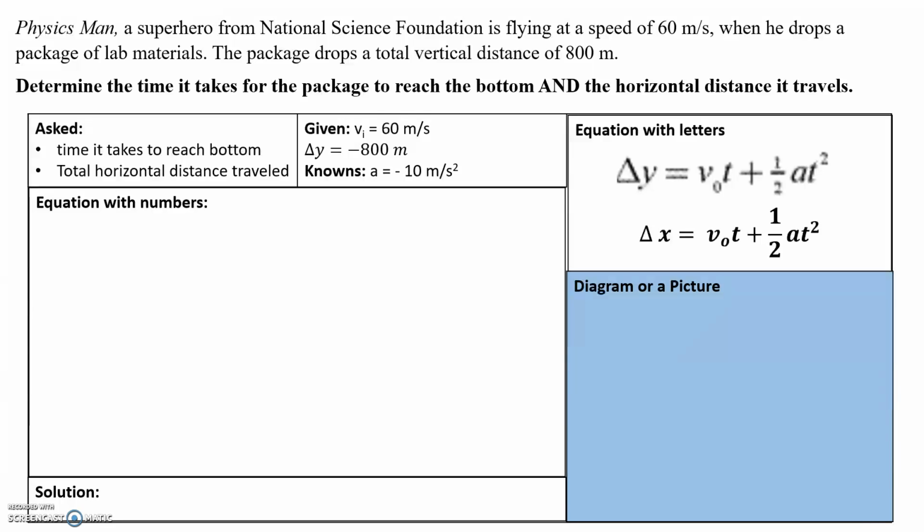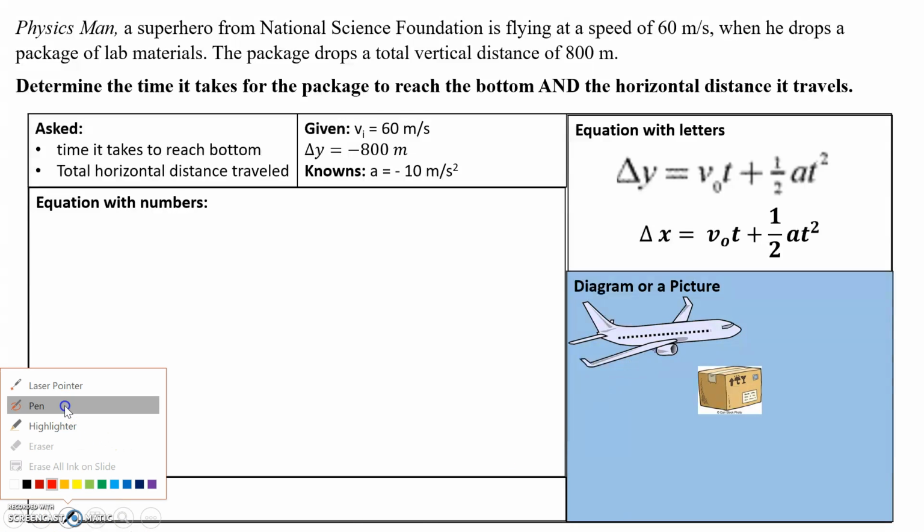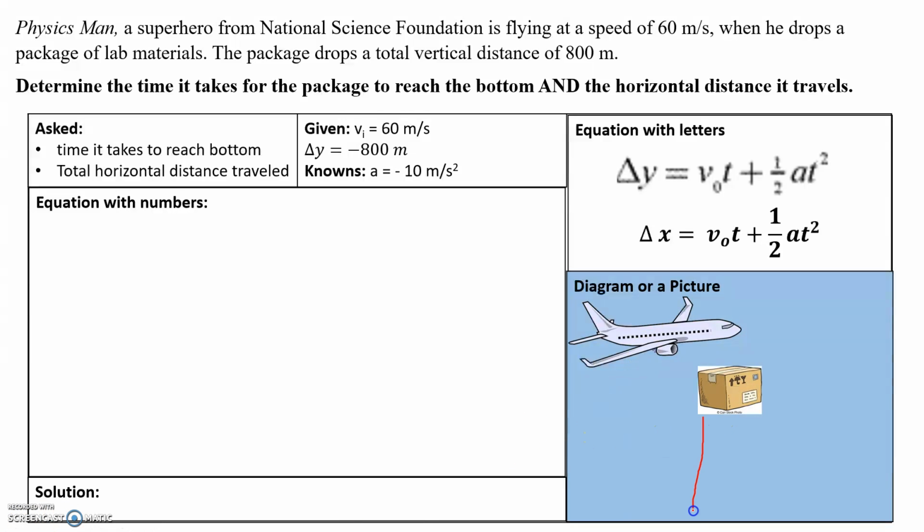Now let's look at a diagram. This is my plane, this is the package, and the package is going to drop to the ground, and we have to find the total horizontal distance that it travels. Understand that the package is not going to fall straight down, but rather it's going to fall in the shape of a parabola.